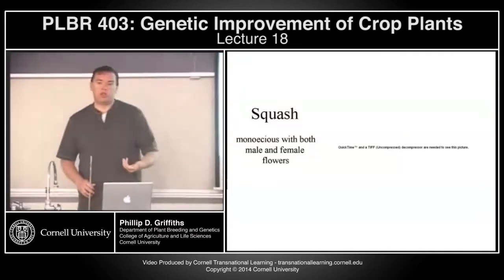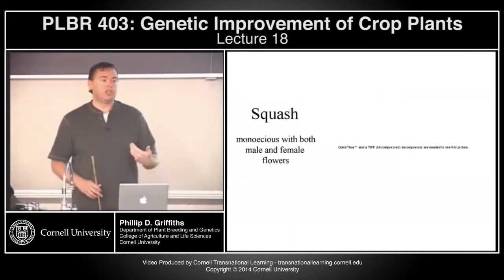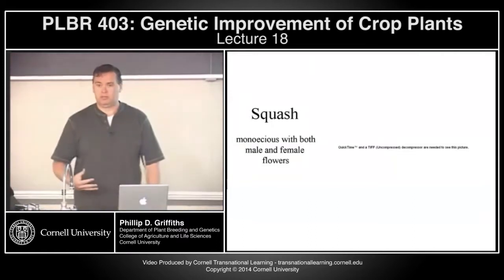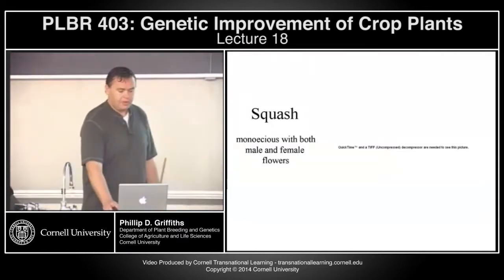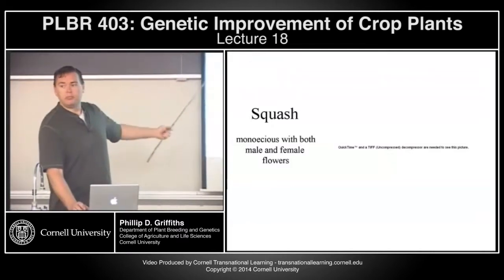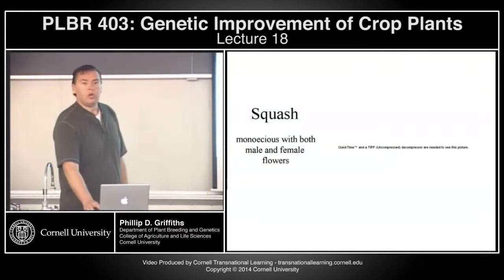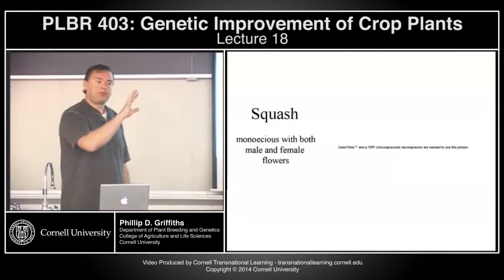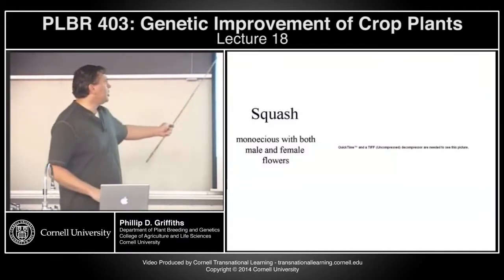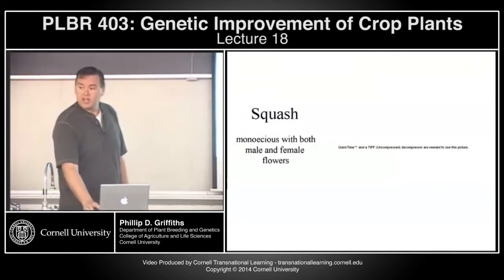In the case of cucurbits, it's also possible to use some chemicals and hormones to induce plants that will be entirely male or entirely female flowers on the plant. This would be considered monoecious as opposed to dioecious plants, where one plant is male and another plant is female. It's still monoecious in the fact it has male and female flowers on the same plant, but they are imperfect flowers.